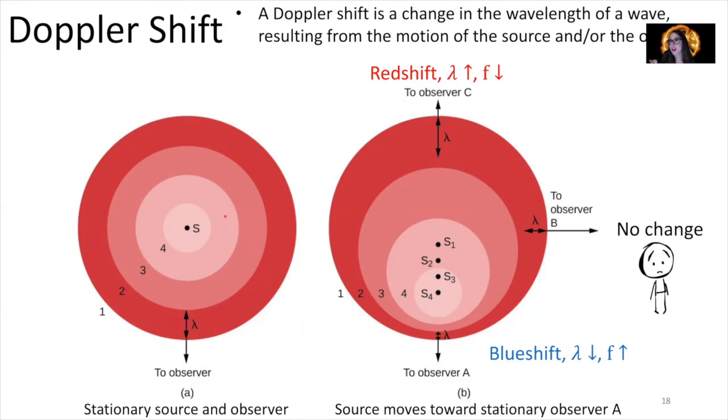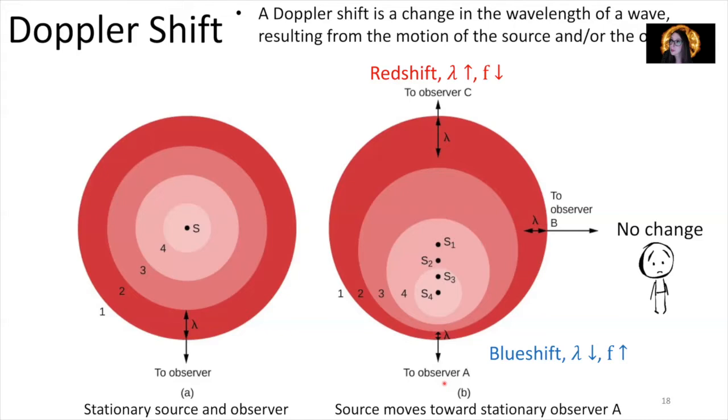Now that source of sound, let's say it's a siren on a police car. That source of sound is going to be moving toward you. So the source was here, and then it moved here, and then here, and then here, and then here. And here you are as the observer, okay? So as that source of sound moves toward you, what you experience is a decrease in the wavelength of that sound wave as you're hearing it at your ear, okay?